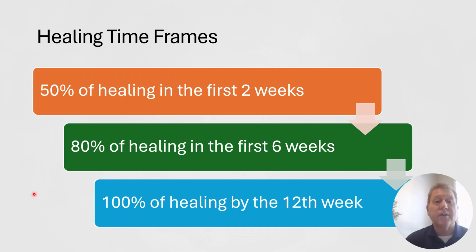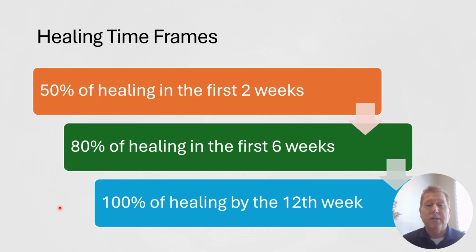So if we look specifically at healing time frames, we see a lot of the healing occur within the first 2 weeks, where they're moving from acute to subacute, where now we have, again, another additional 30% of the healing that's now occurred within the first 6 weeks to give us a total of 80%.